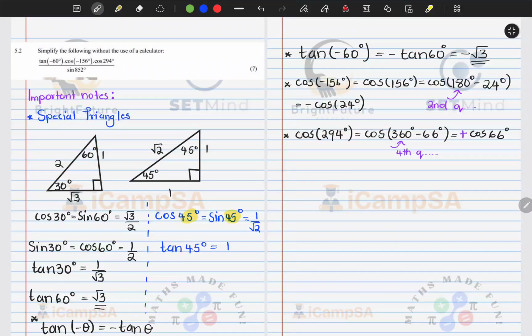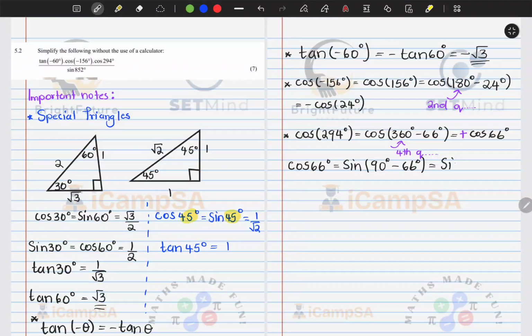Okay. So now the question becomes, how can I write this cos of 66 such that I have the 24 that I have there? And if you think carefully, you will see that cos of 66 is the same as sine of, remember co-ratios, you just need to do 90 minus whatever angle which you see there, which is 66.